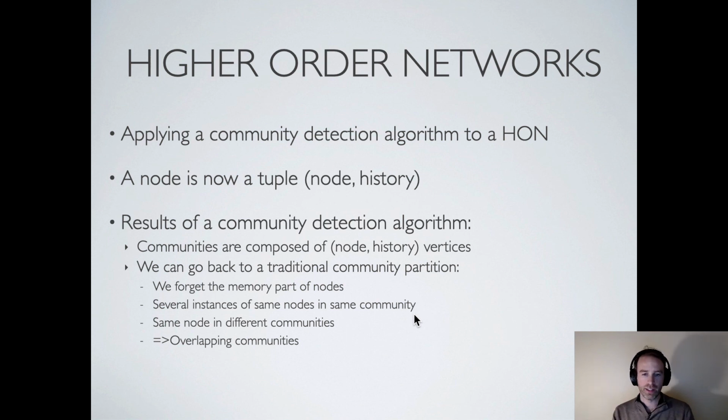And if it's Atlanta coming from, I don't know, Paris, it will be in a different community. Okay, so maybe one community can correspond to business trips and the other one to leisure holiday trips. But one city can naturally belong to several communities because the same city can be represented by several nodes depending on the origin.